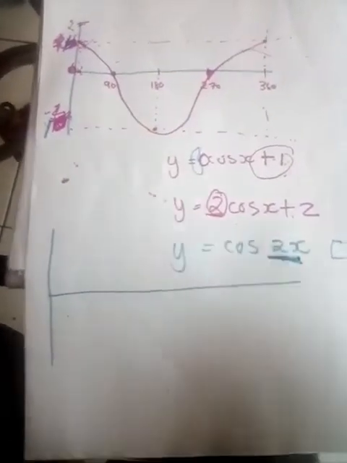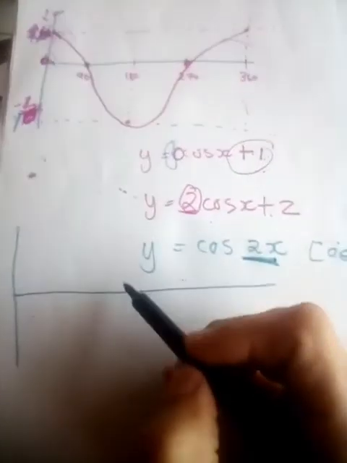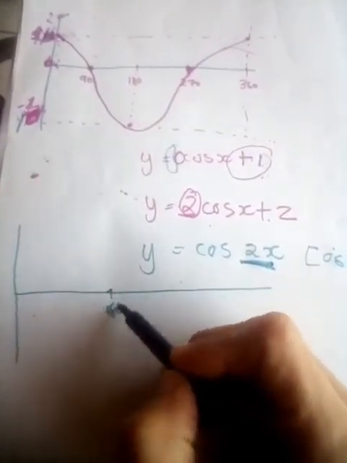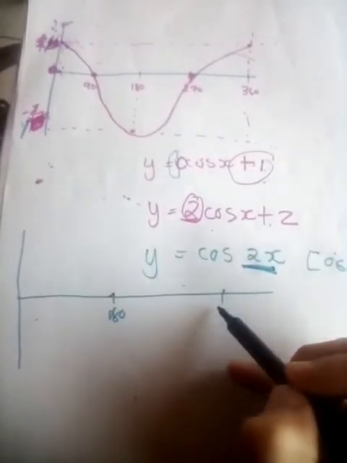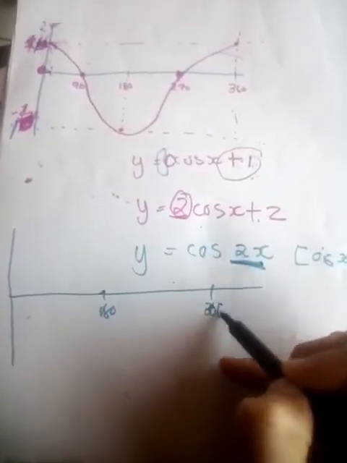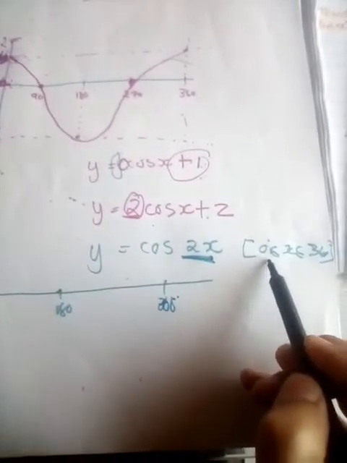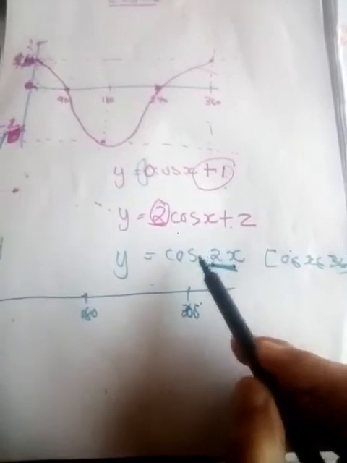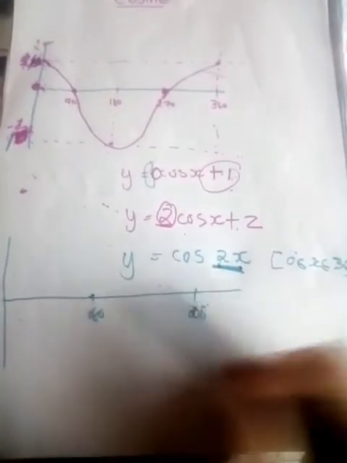So if it's 0 and 360, then it will look like this. That's 180. That's 360. Cosine 2x means there will be 2 cosine graphs in this.